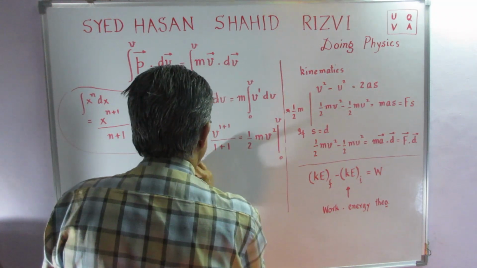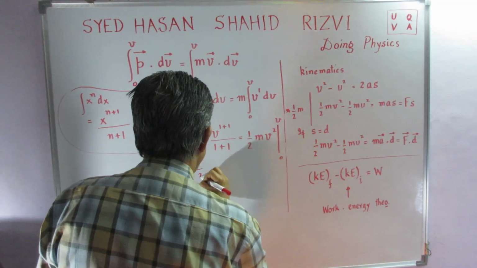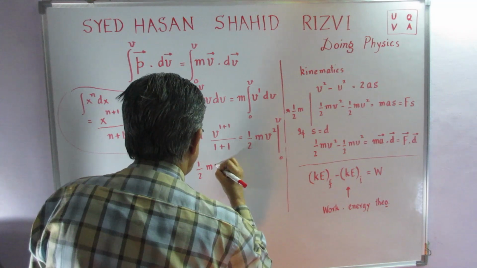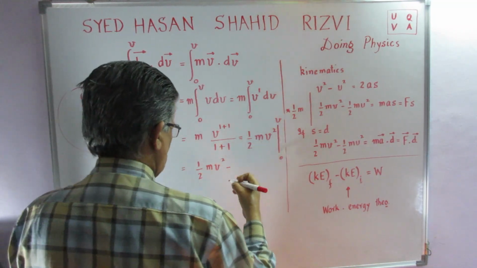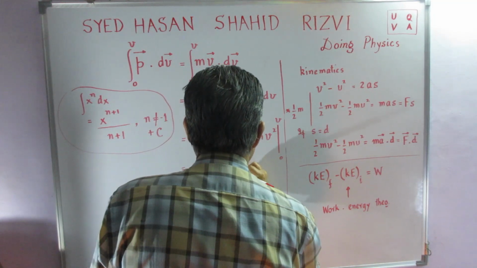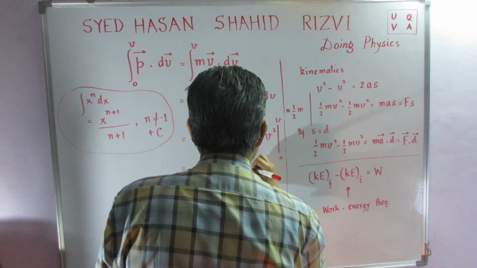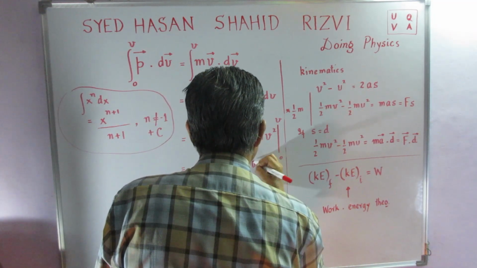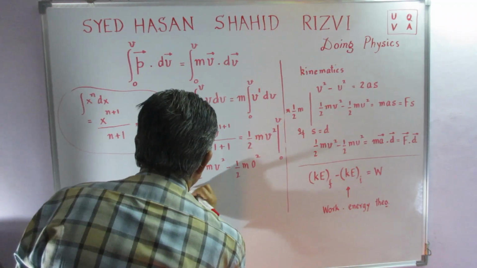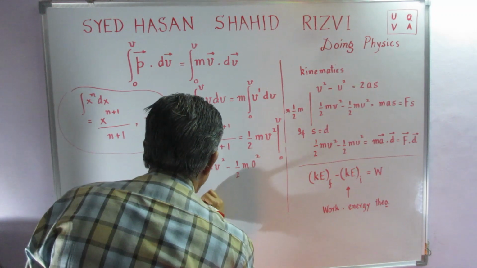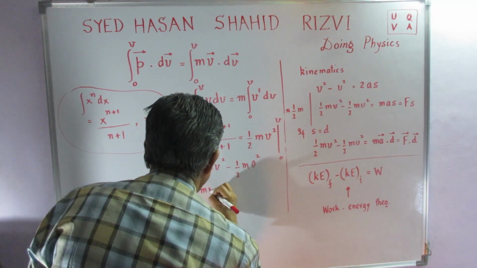So this turns out to be equal to half mv square minus, where the value 0 is put for v, half m into 0 square, which is 0. So this turns out to be equal to half mv square.